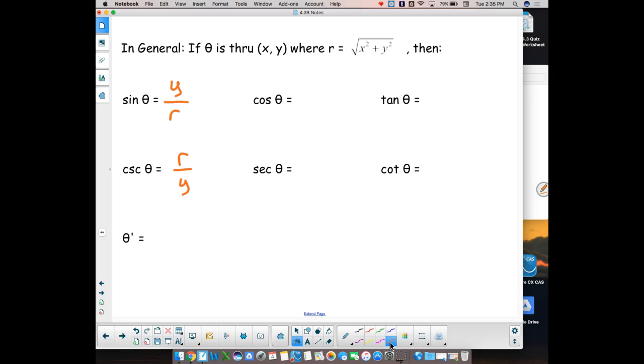The cosine of theta then is going to be the x value of the point divided by r, which makes the secant r divided by x.